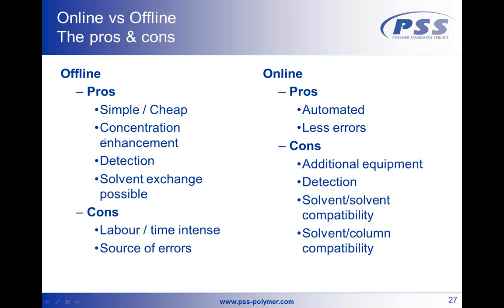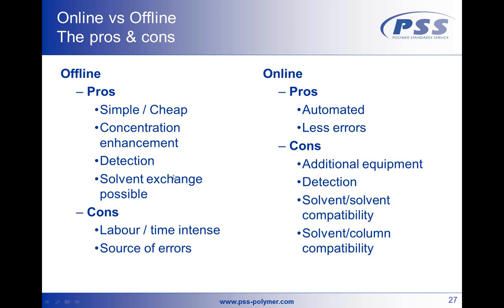It has an advantage if I have problems in detection in the second dimension: I can repeat the runs and collect the fractions from several runs, and by this procedure I can enhance my concentration and have fewer problems with detection.